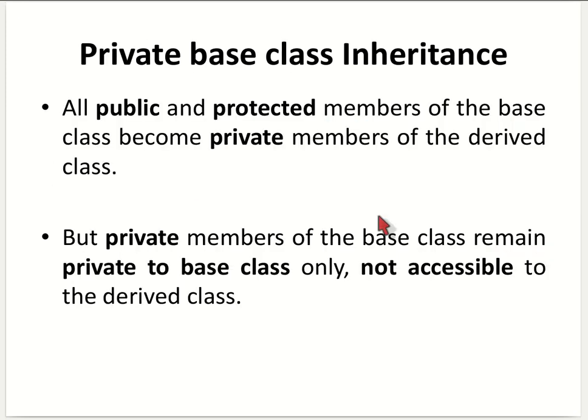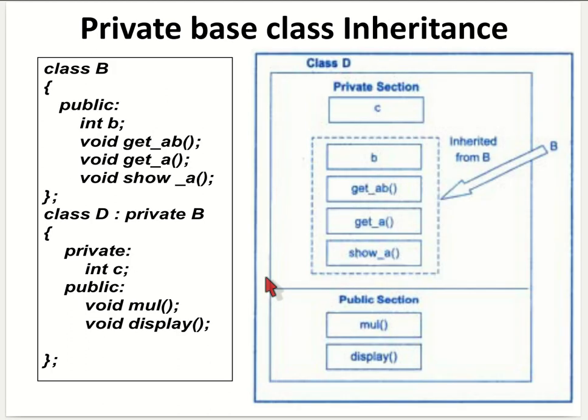In private base class inheritance, the public and protected members will become the private members of the derived class. The private members cannot be accessed directly, only through the public interfaces. So in this case, if we use the private access specifier, what will happen?